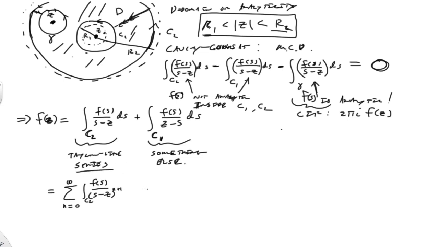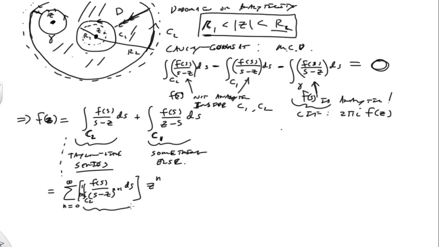This is just a rehash of the Taylor series that we've done before. There are several steps in between, but they're the same ones we've seen in the last video. And there has to be 1 over 2 pi i there, sorry about that. And that is times z to the n power.